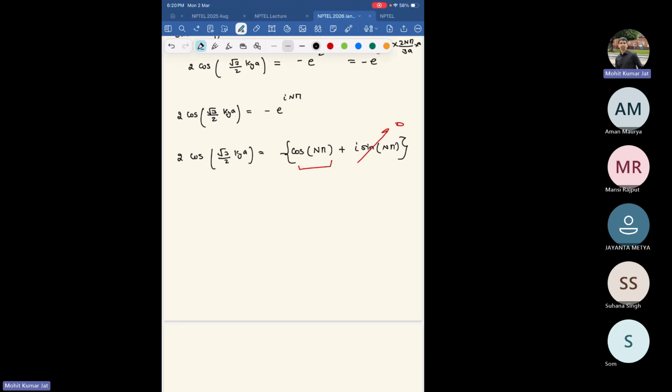So for n equal to 2m plus 1, cos n pi is minus 1, and for n equal to 2m, cos n pi is 1, where m belongs to the integers.